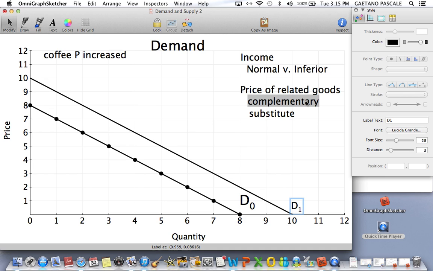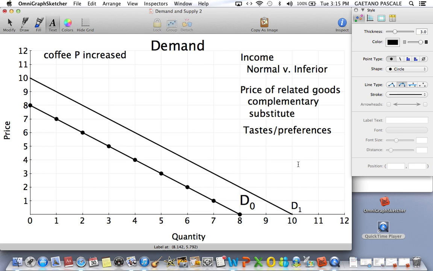particular product. Another item that is important to understand is that people's tastes and preferences impact demand. People's tastes and preferences change over time. So this is something else that impacts demand.